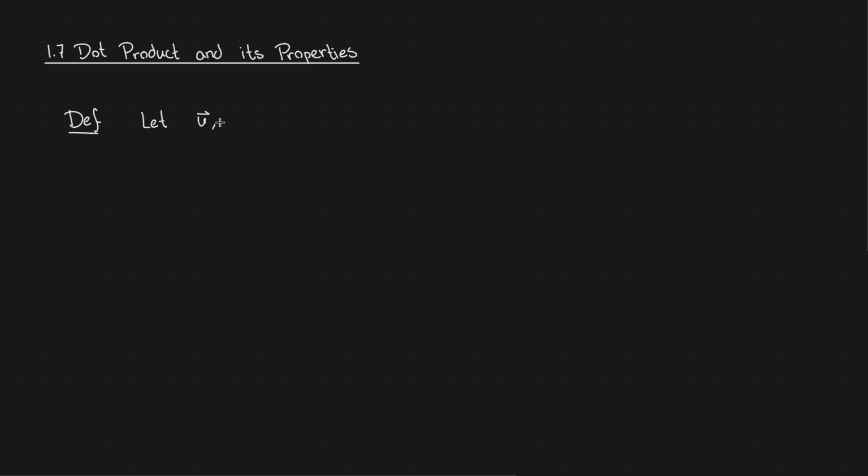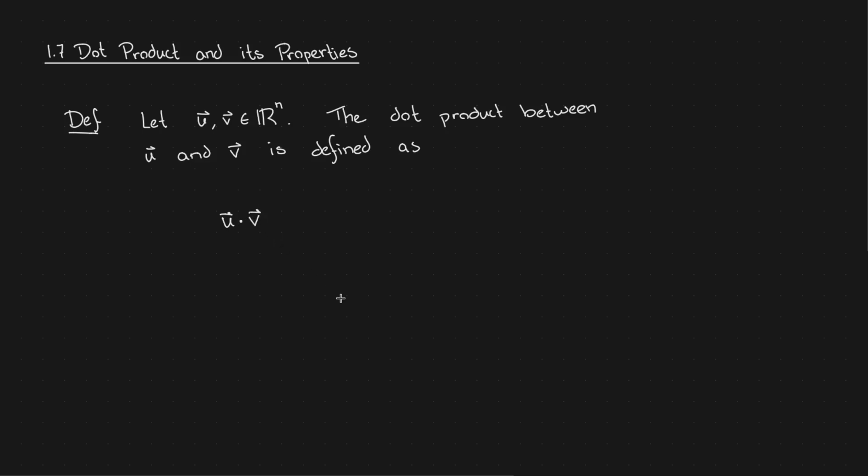Let's take two vectors in Rn. The dot product between u and v is defined as, so notationally, we take u and we just put a dot between u and v.